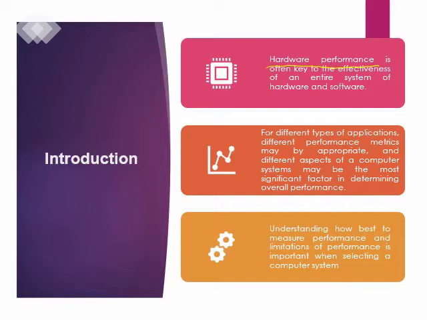Different types of applications and different systems will have different metrics. So we have to look at all the factors in determining overall performance. We're going to help you understand how best to measure performance and the limitations of performance, which is very important when selecting a computer system.